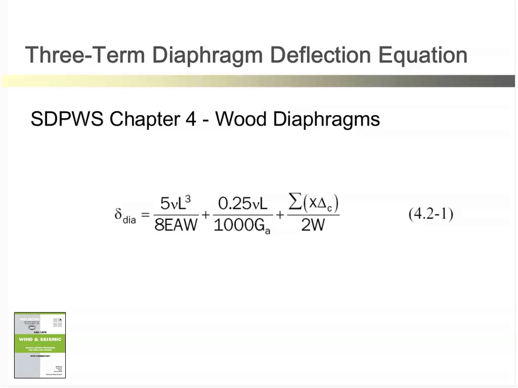But the same tables that specify nominal unit shear capacities also contain the values of apparent shear stiffness, or G sub A, that you see there in the middle term. And we've reformatted this to simplify the deflection calculations and to extend it to a variety of other sheathing materials and unblocked wood structural panel diaphragms.